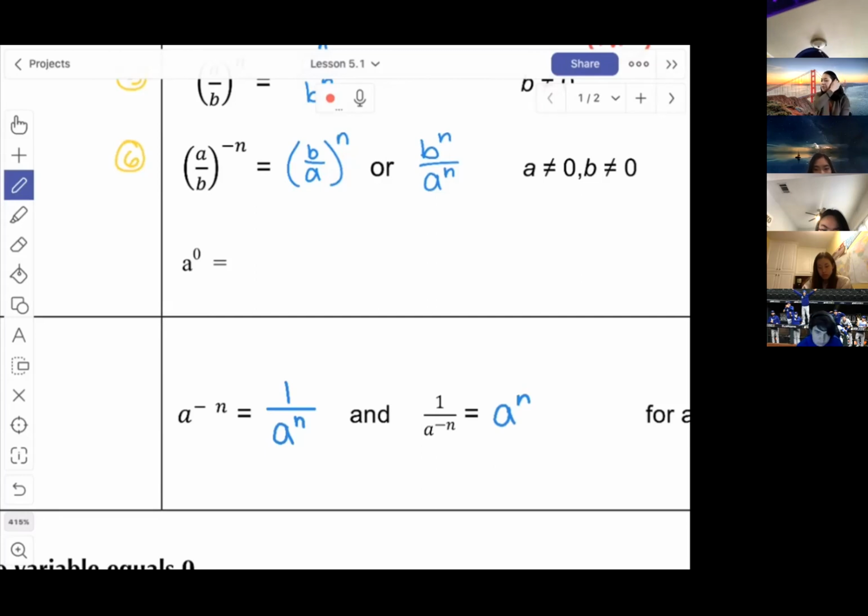All right. So that's how you handle these negative exponents. Do the reciprocal. If it's on top, bring it to the bottom. If it's on bottom and it's negative, bring it up top to make it positive. All right, any questions on that?